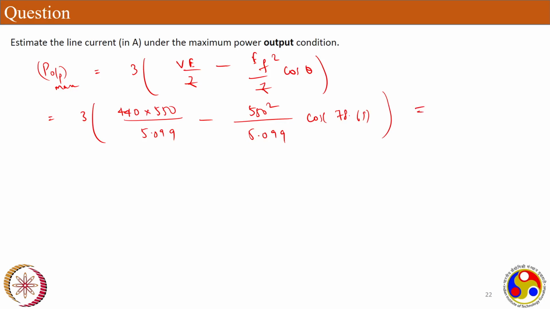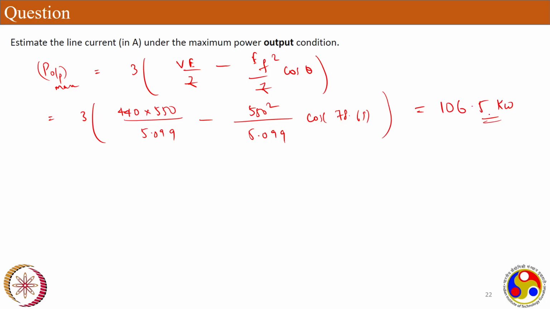Please calculate with me. Any answer? So I'm writing it here: 106.5 kilowatt.